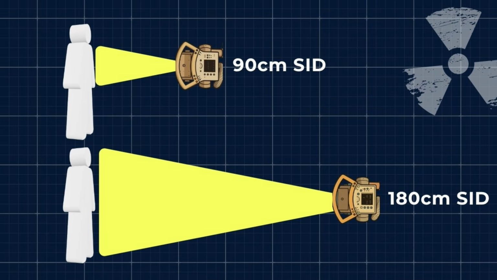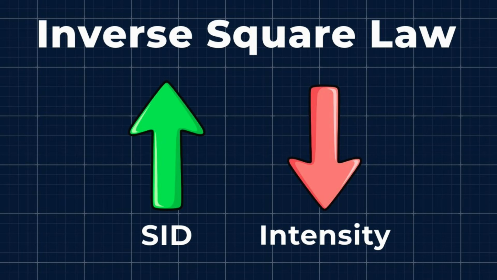So if you increase your SID, source to image distance, the beam will fan out over a large area, and what happens to the intensity of that beam? It decreases. Again, it has an inverse relationship. As the SID increases, the intensity or number of photons reaching any given area, whether it's the patient or the receptor, decreases.